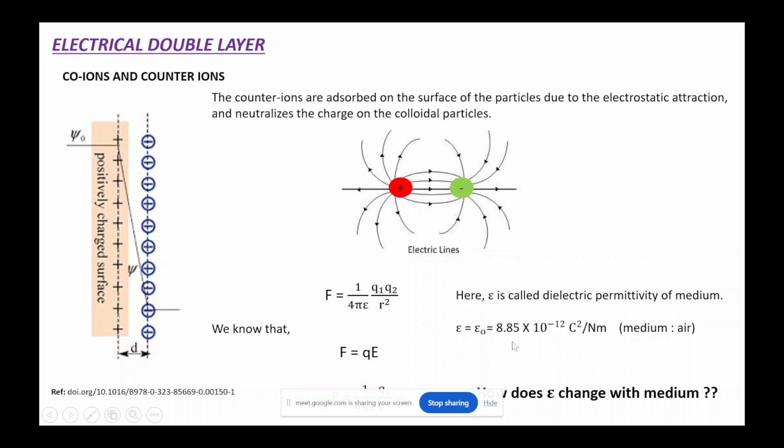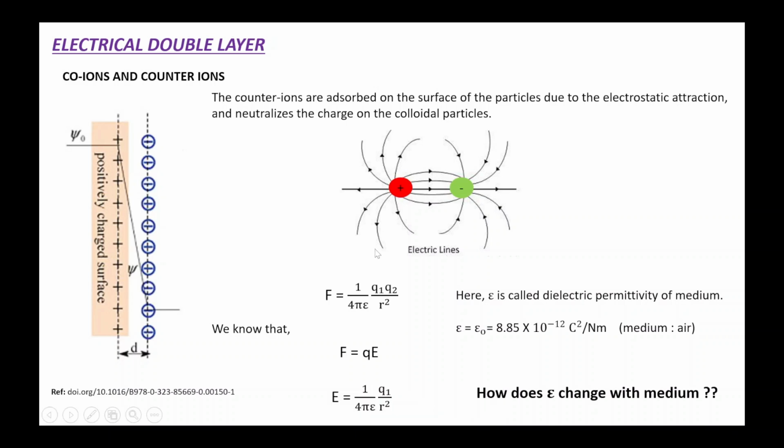It's better to remember this value as well as the units, because we need to know the values of certain constants. This is one among them, the value of epsilon naught, that is the dielectric permittivity of air, which is 8.85 into 10 to the power minus 12 coulomb square per Newton meter. So this is the electrostatic force.